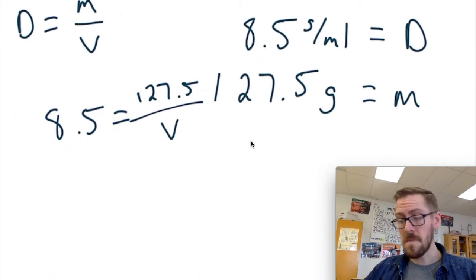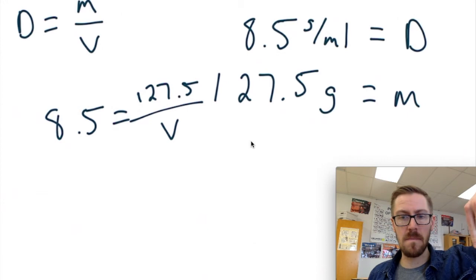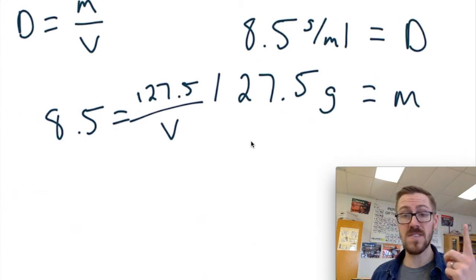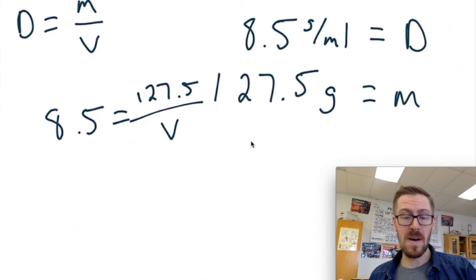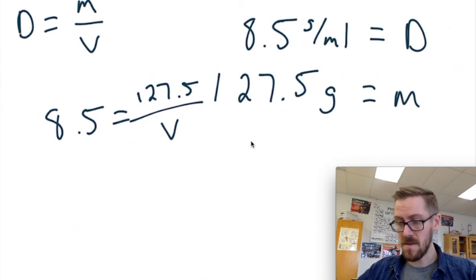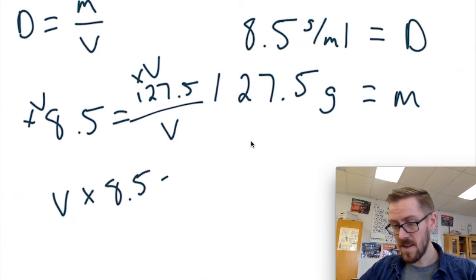That's an issue because, like I said, my V, my variable volume, is on the bottom of the fraction. And so to get that by itself, I have to do two steps here. The first thing I need to do is get it off the bottom of the fraction by multiplying both sides by v. So times v times v. So if I rewrite this problem, now I have v times 8.5 equals 127.5.